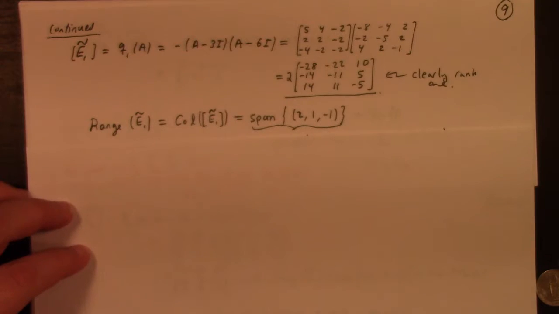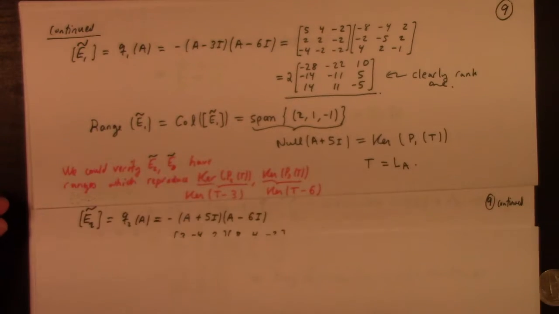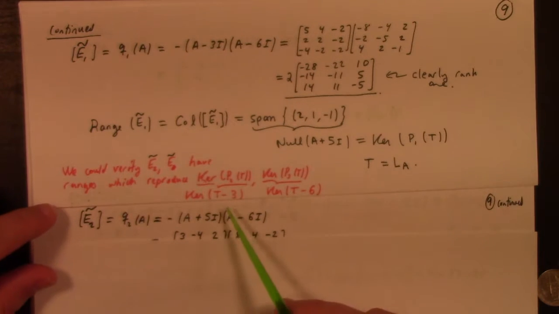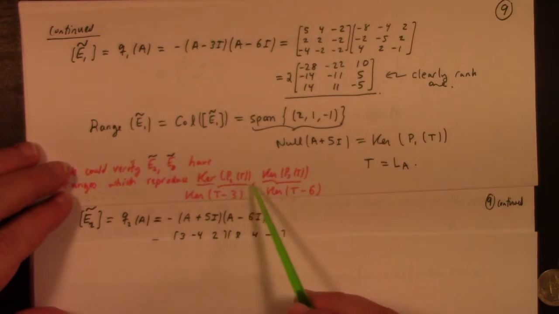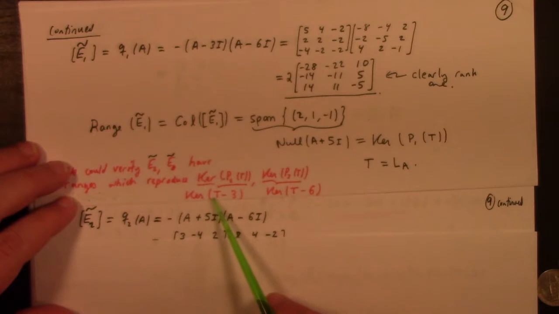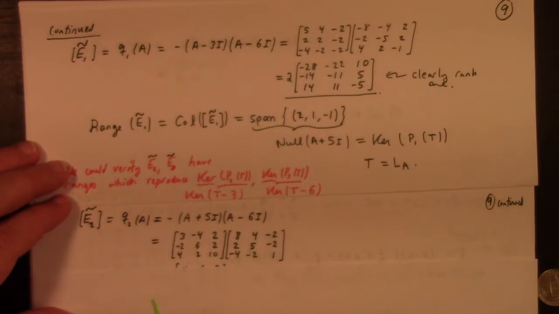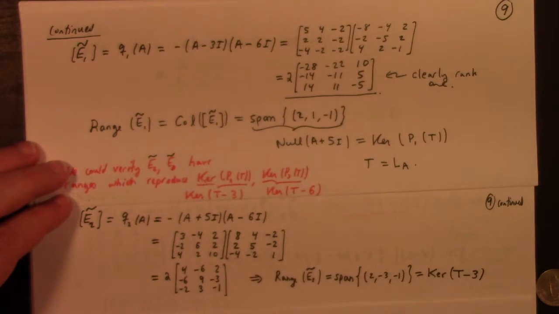And you can try the same song and dance for E2 tilde and E3 tilde, and you can show that they will have kernel P2(T) and kernel P3(T), which is kernel of T minus 3 and T minus 6. Here's one of those. E2 tilde is Q2(A), which is the product of this and that, which again is a rank 1 deal, because you've got 2, 3, 1, 6, 9, 3, 4.